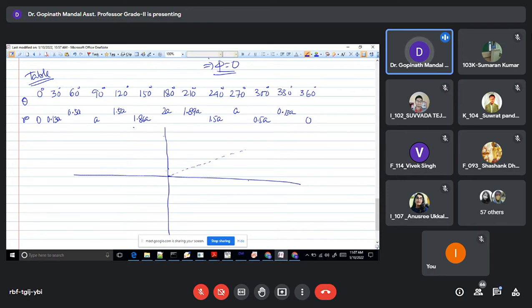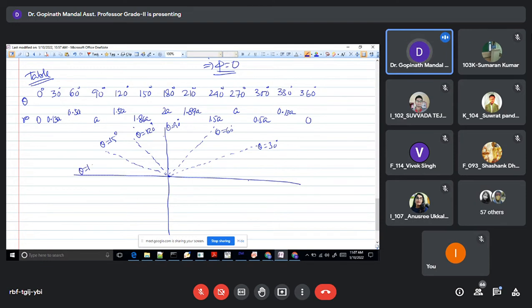This is theta equal to 30 degrees. Theta equal to 60 degrees. Theta equal to 90 degrees. Theta equal to 120. Theta equal to 150.